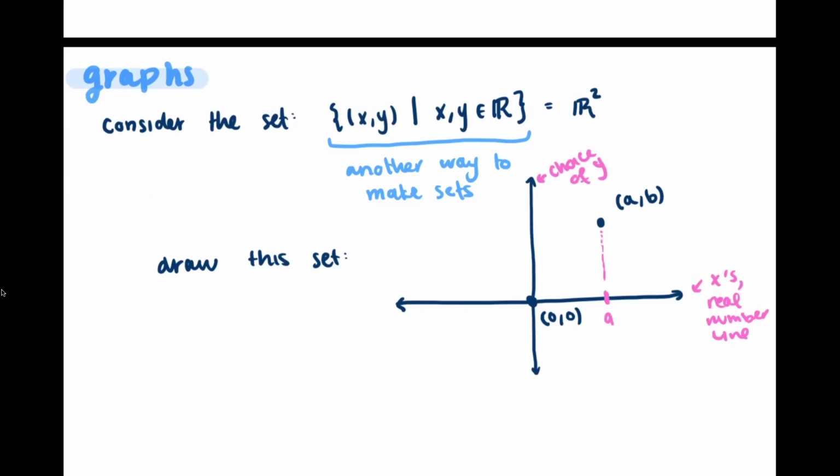And then going out the other way, I hit the y-axis, the real number line of choices of y's, at some number b.